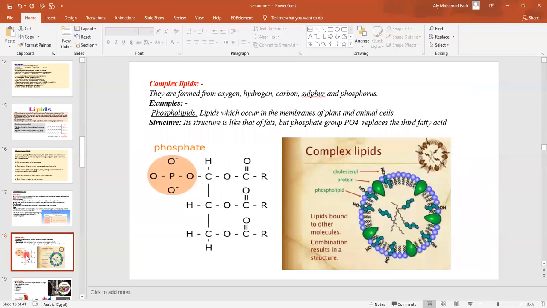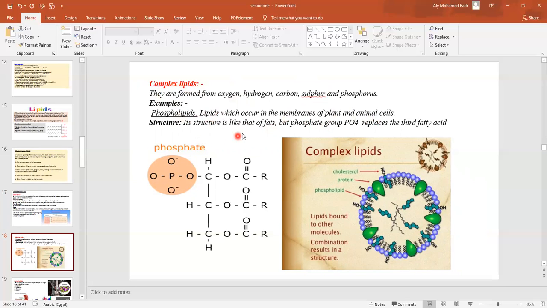The second type of lipids is complex lipids. They are formed from oxygen, hydrogen, carbon, sulfur, and phosphorus. The phospholipids, an example of complex lipids, occur in the membranes of plants and animals.